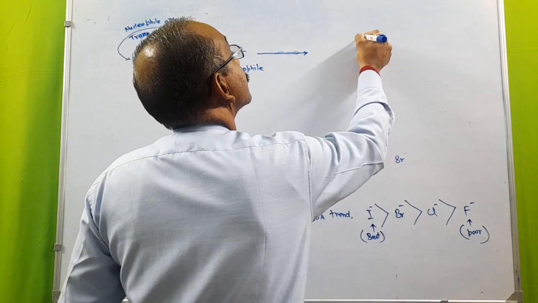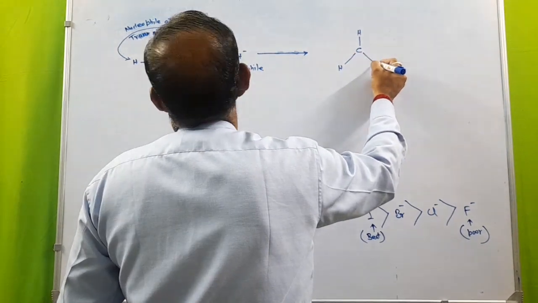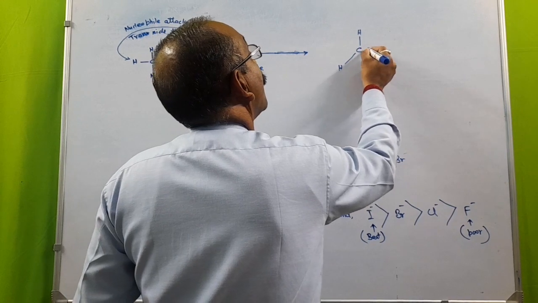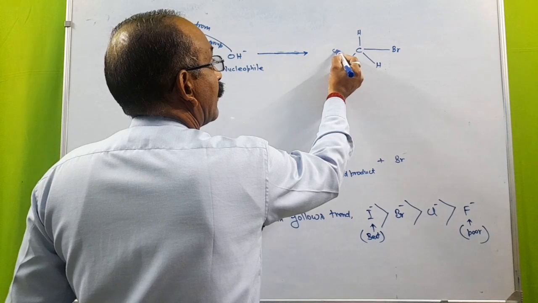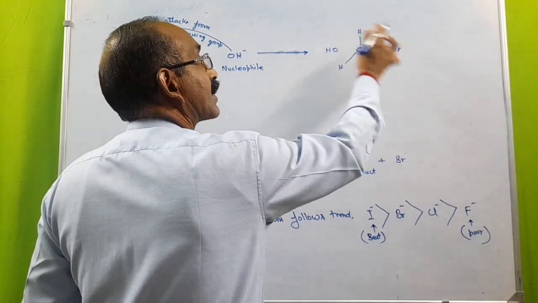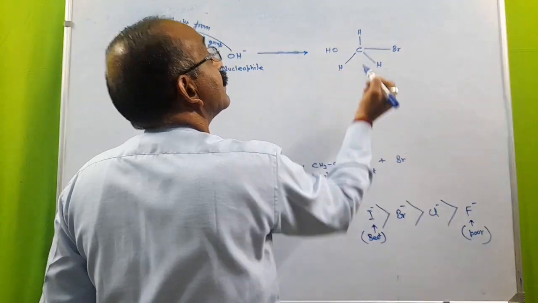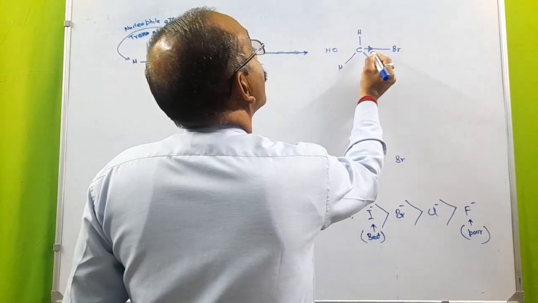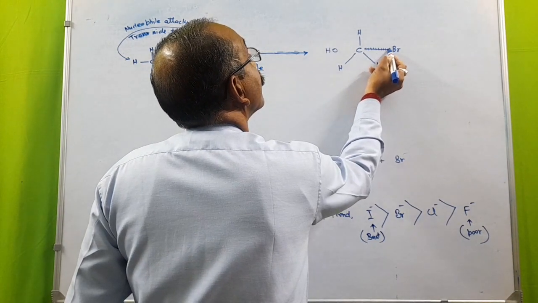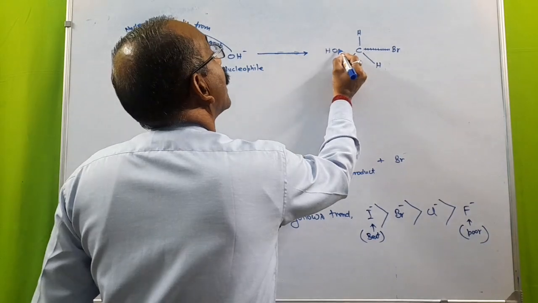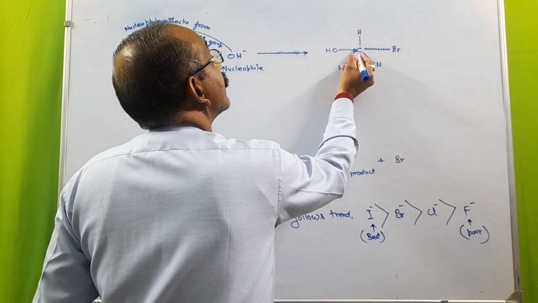See here it is C, H, H, H, and here it was Br. The OH minus will attack from the back side, from the trans side, meaning from the side opposite to the leaving group. Now what happens? The C-Br bond breaks, and at the same time a new bond forms between the OH and carbon.